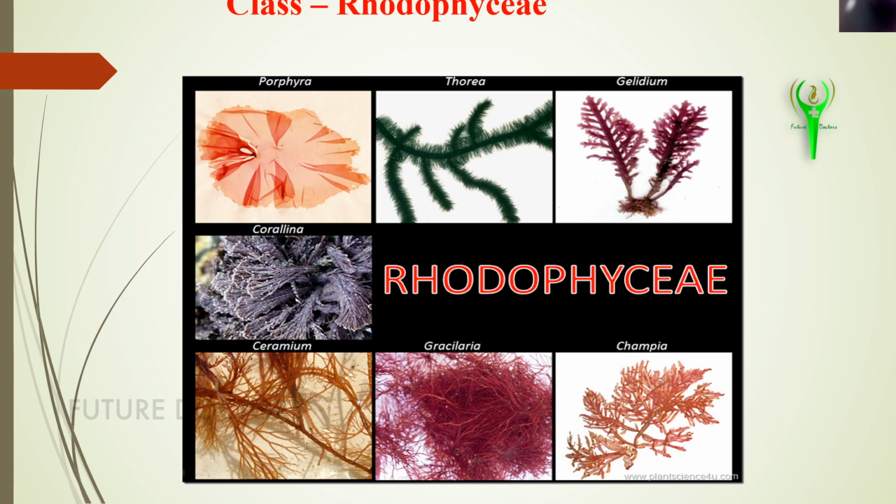Funori, an adhesive phycocolloid, is obtained from the red alga Gloiopeltis. It is used in sizing paper and as glue, and some algae like Corallina and Polysiphonia have medicinal properties. Floridean starch, similar in constitution to glycogen and amylopectin, is a reserve food.